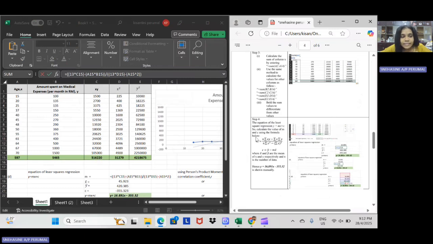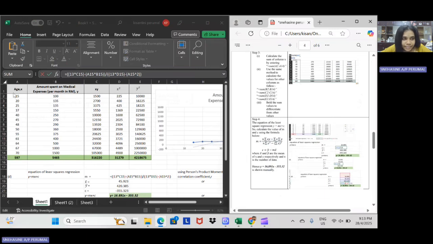So 13 times 316220 minus the sum x and sum y. So minus 597 times 5465. After that, you have to divide with the n.